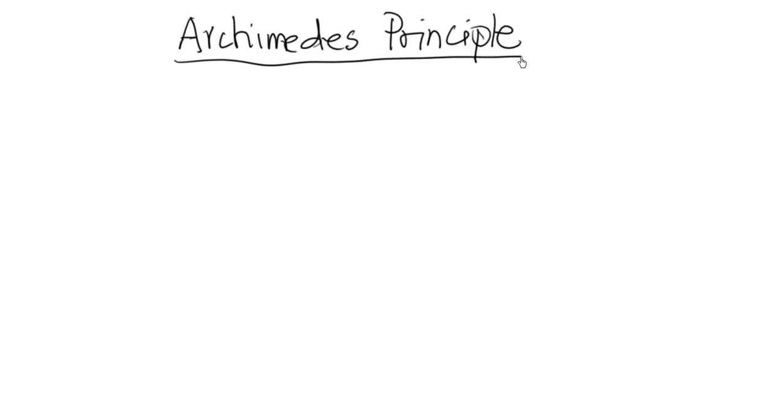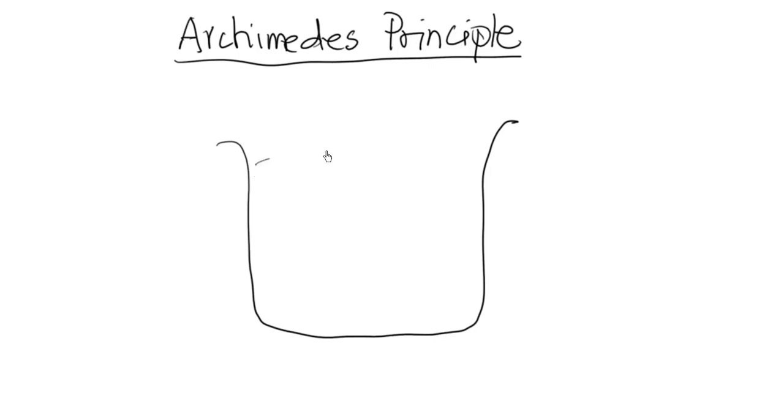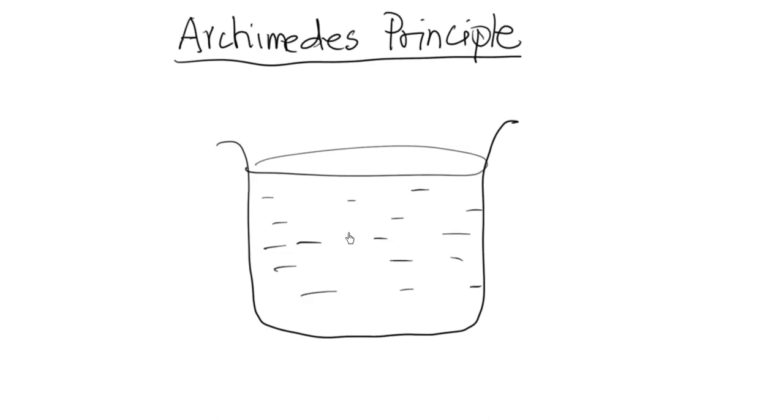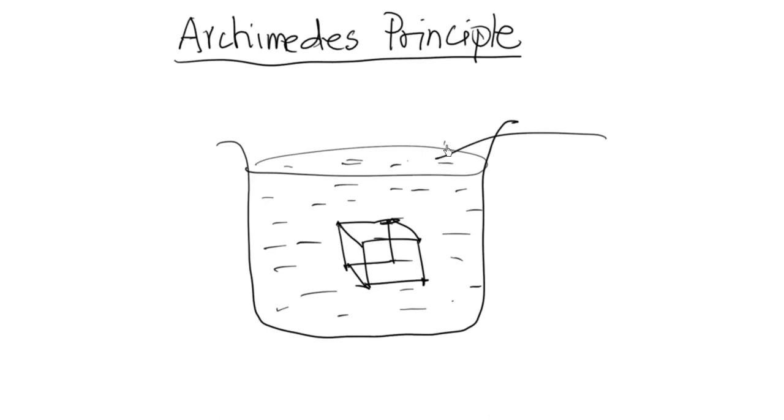To derive an equation for calculating the buoyant force of a fluid on an object, let us consider a metal block immersed in a liquid as shown in the figure that I am now drawing. This is the surface of the fluid.